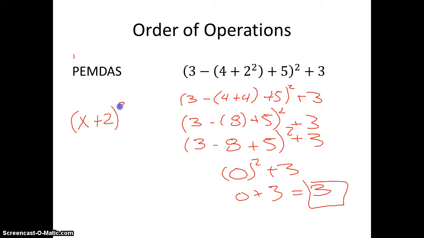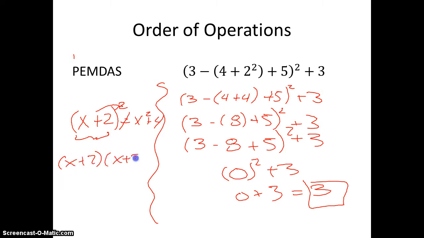x plus 2 squared. What does something squared mean? This is slightly different here, but while we're on this topic of squaring things, what does this mean? Well, I'll tell you what it does not mean. It does not equal x squared plus 4. This does not distribute like that. No. Something squared means it is something times itself. This is one whole term, so I have x plus 2 times x plus 2.